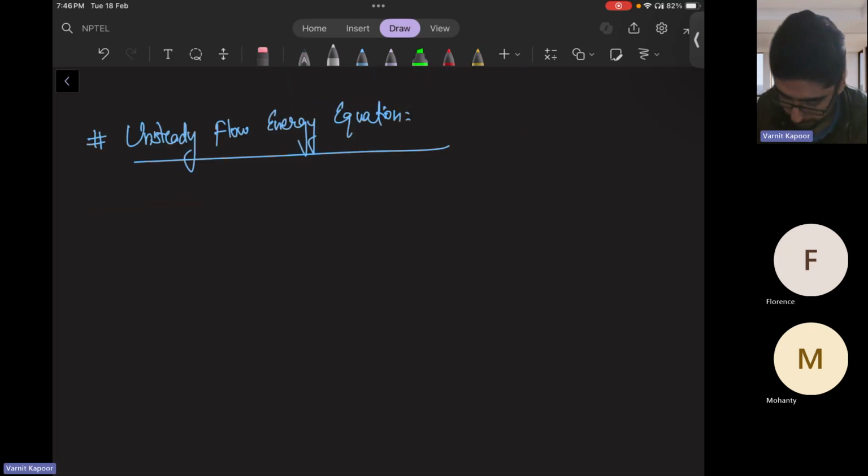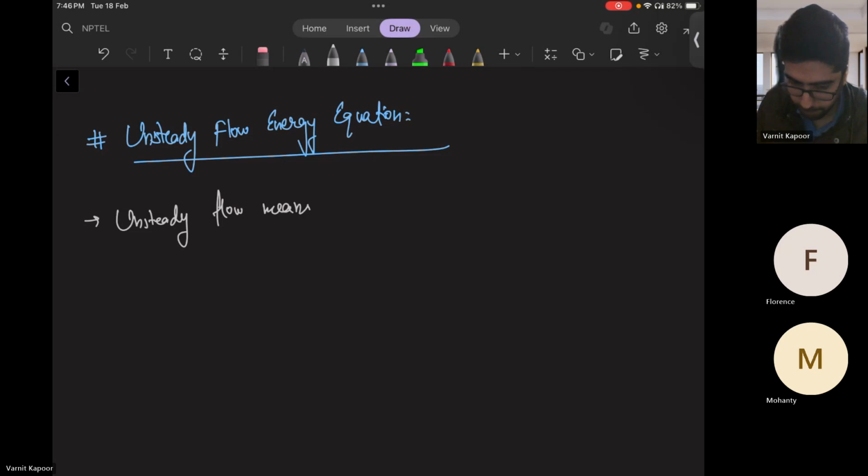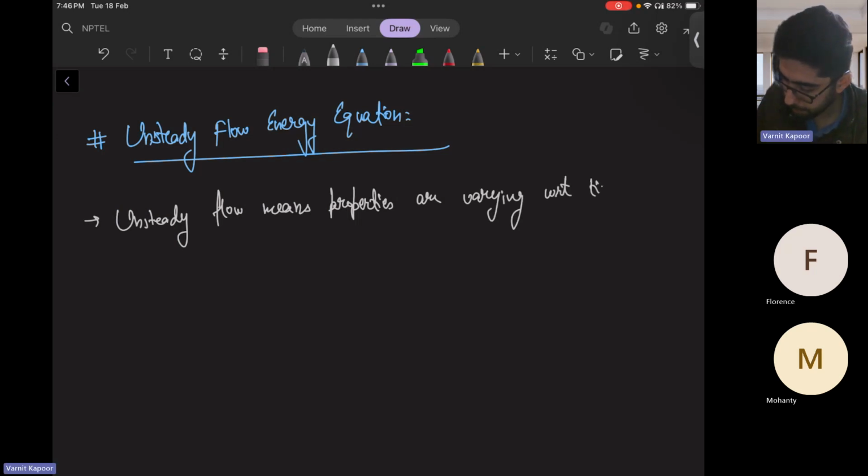Let me write all these points. Unsteady flow means properties are varying with respect to time.